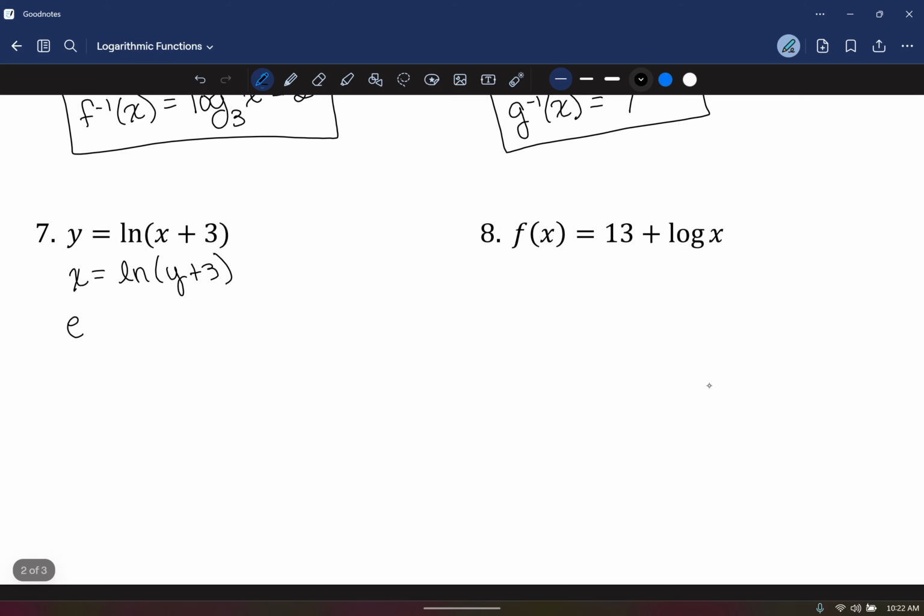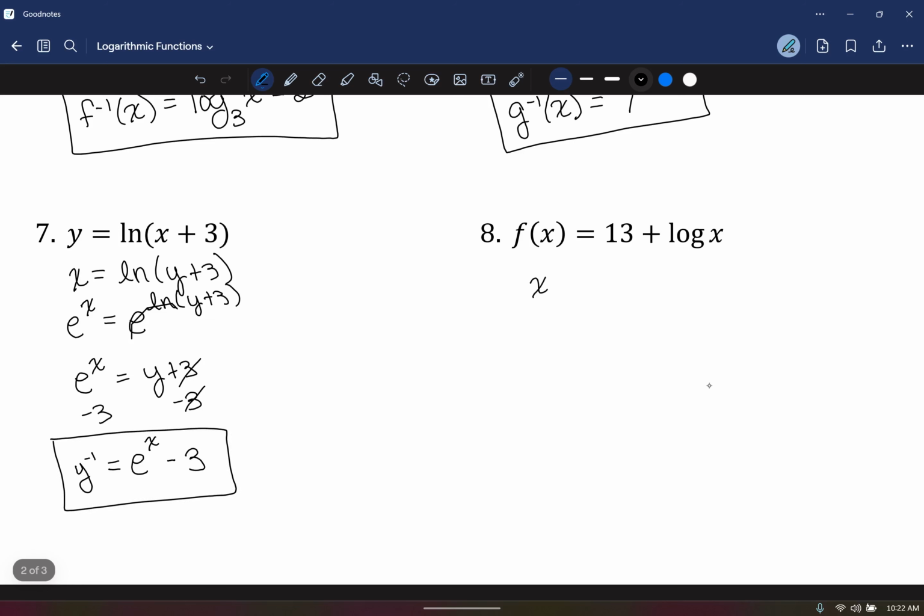So this would be e to the x equals e to the natural log of y plus 3. That e to the natural log with the base of e cancels. So I have e to the x equals y plus 3. Subtract 3. Now my y is alone, but I didn't have function notation to begin with, so I'm just going to use y inverse is equal to e to the x minus 3.